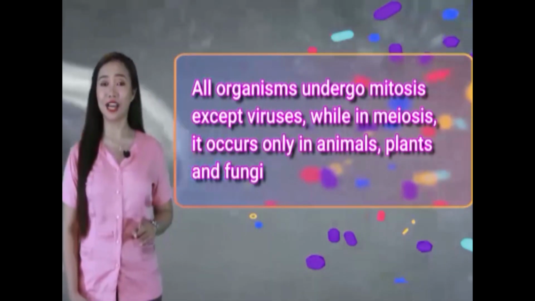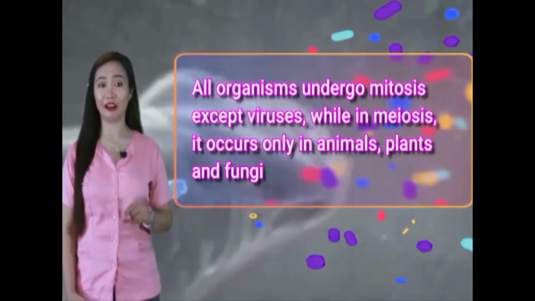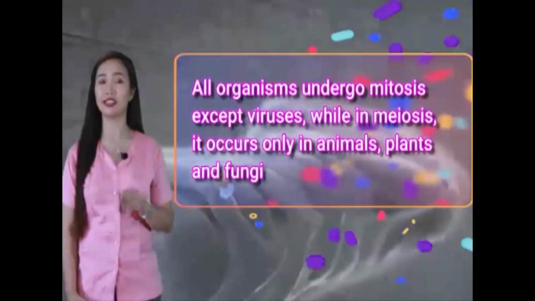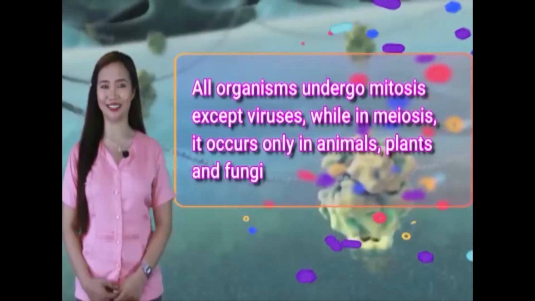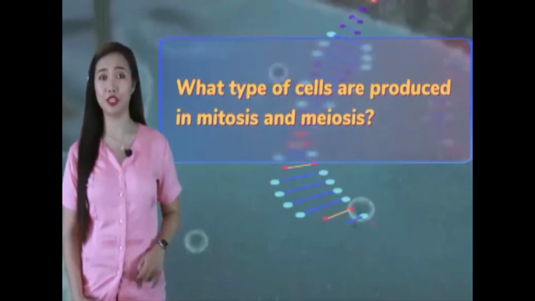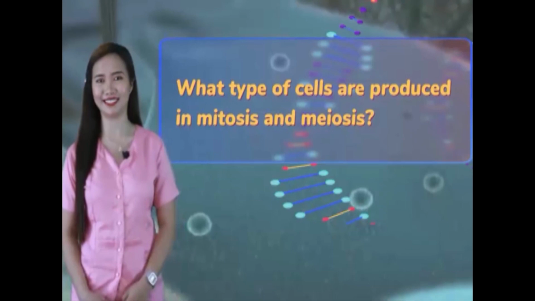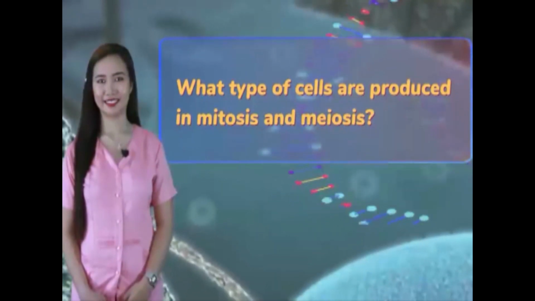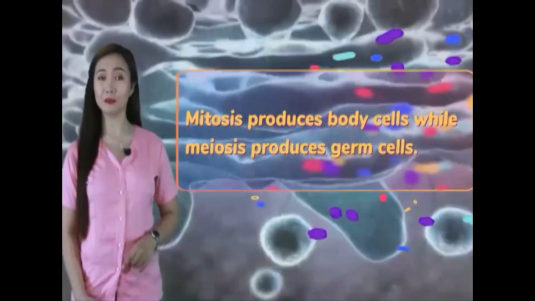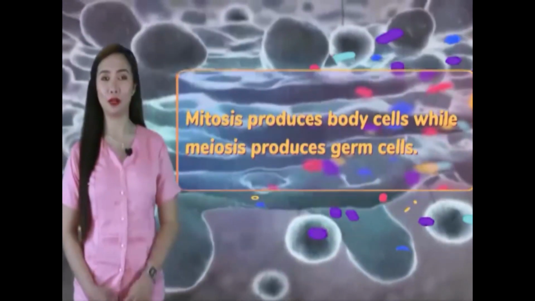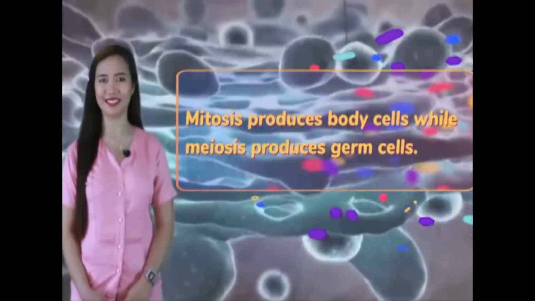All organisms undergo mitosis except viruses, while in meiosis, it occurs only in animals, plants, and fungi. What type of cells are produced in mitosis and meiosis? Definitely, mitosis produces body cells, while meiosis produces germ cells.